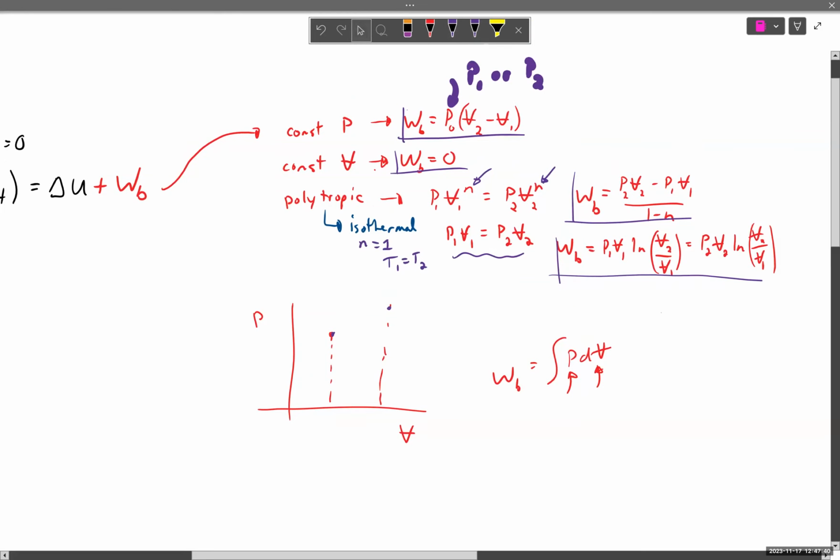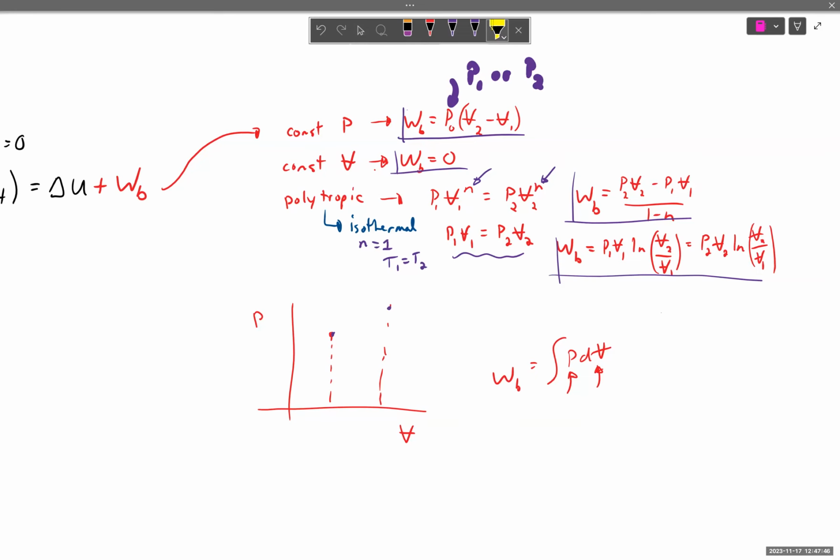So you can kind of think about, let me just highlight it. You can think that the condition that ties the two states together is this. It's either they have the same pressure between state 1 and 2, the same volume, this relationship to each other, so polytropic relationship, or an isothermal relationship.